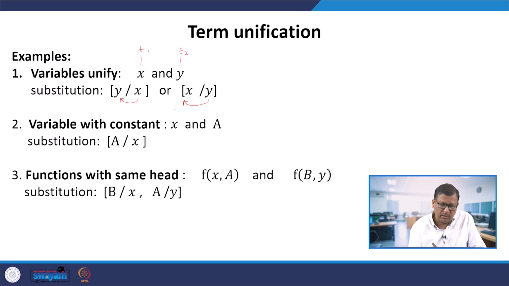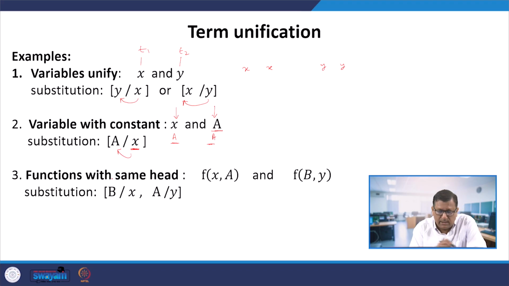Now, T1 is x and T2 is a constant, written in uppercase. A substitution replaces a variable by a term, and a term can be a variable, a constant or a function. So we replace x with a, and now they look alike, they are identical.